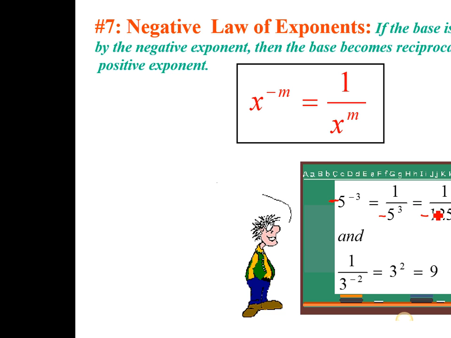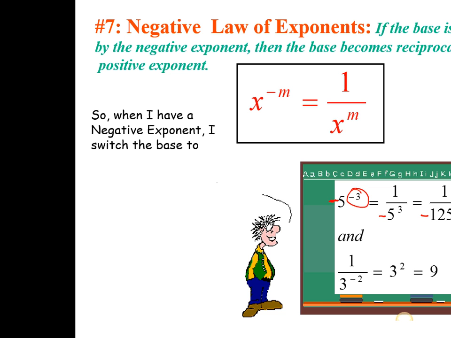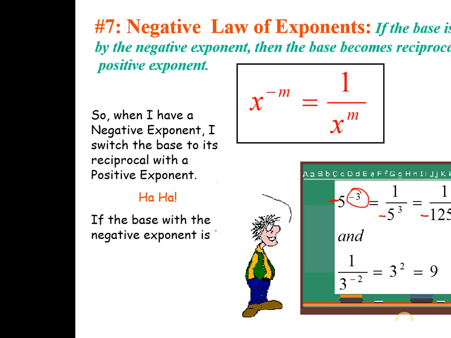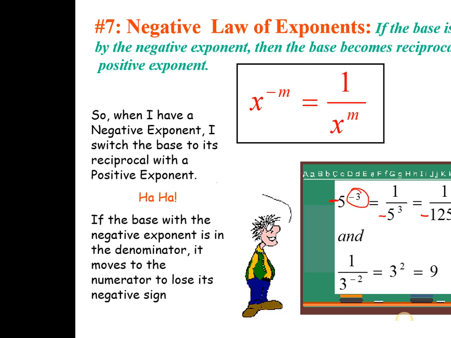If the 5 was negative, we would not change the sign of the base. We only change the exponent. So please keep that in mind. So when I have a negative exponent, I switch the base to its reciprocal with a positive exponent. If the base with the negative exponent is in the denominator, it moves to the numerator to lose its negative sign.